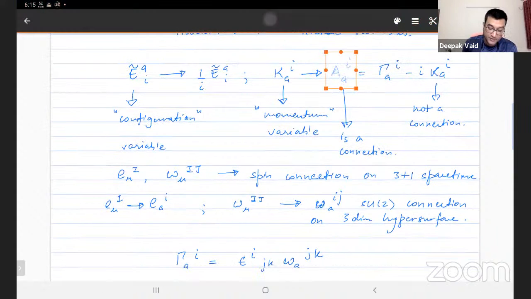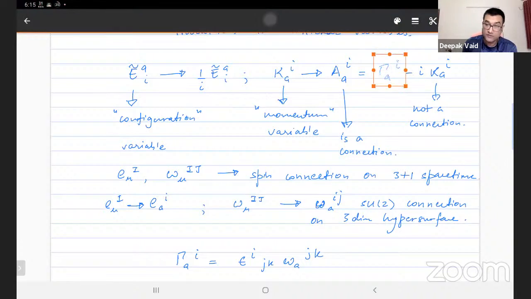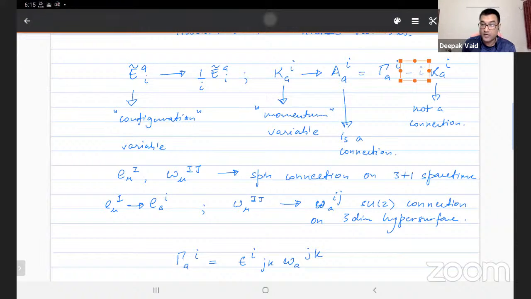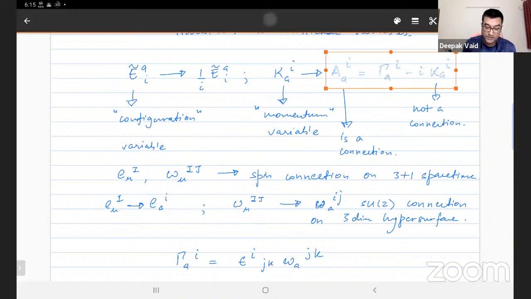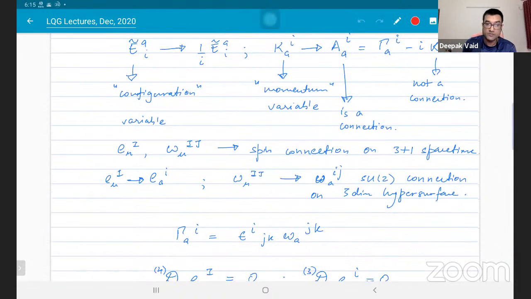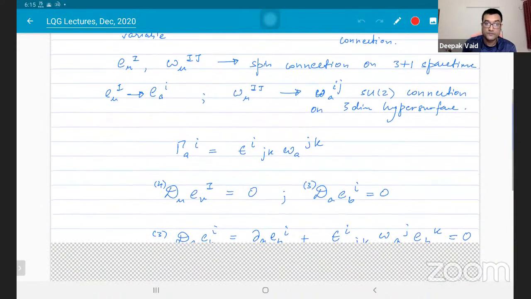And so this connection, the Ashtekar connection, is a linear combination of this Christoffel one form and the extrinsic curvature one form. One important fact is that there is a factor of i, so this is a complex connection. This is an important point we have to be careful about.